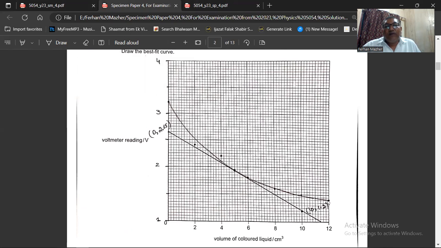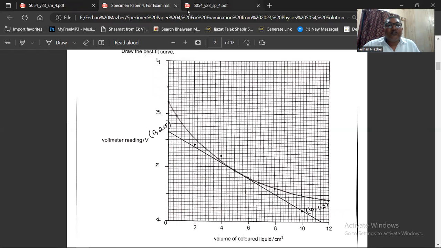And at 12 you have 1.4. This is the dot. Then I will join them with the curve of best fit. You see, this point and this point have been left, so the curve is going between them. This is the curve of best fit.